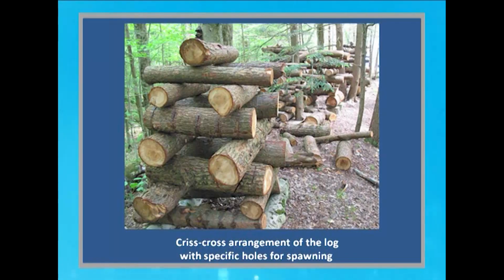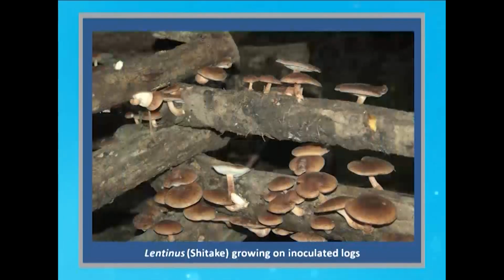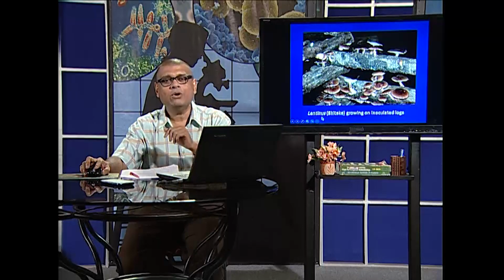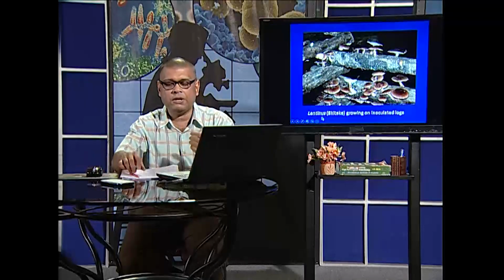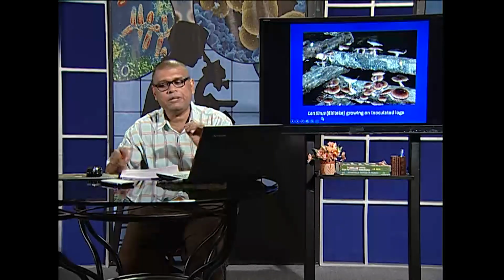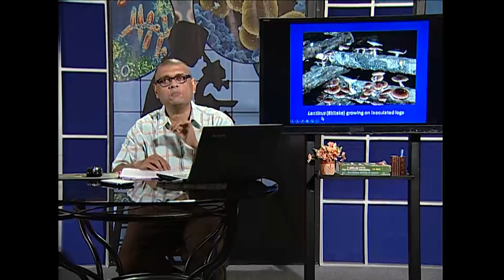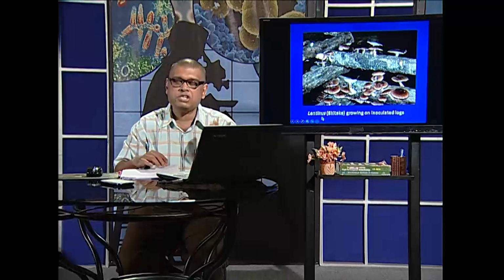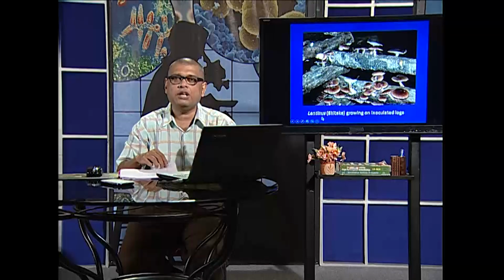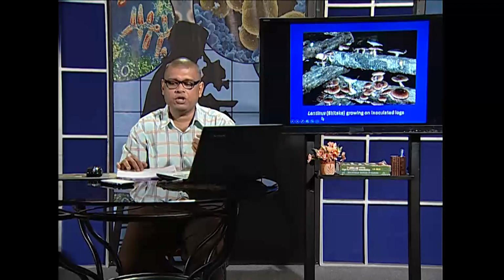Then the mushrooms will grow in it, and you can see here how they have grown. This common mushroom is called shiitake, and the scientific name is Lentinus edodes. This is how we grow this mushroom in an external habitat, but utilizing artificially grown spawn. So it is called partially external or partially controlled cultivation of edible mushroom.